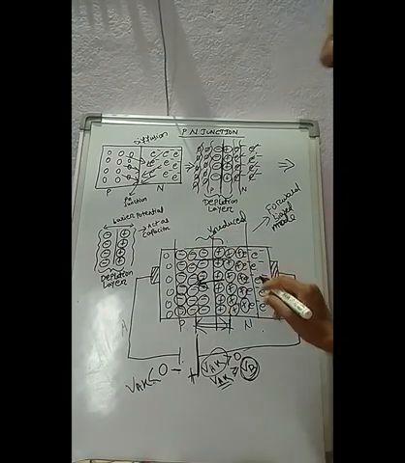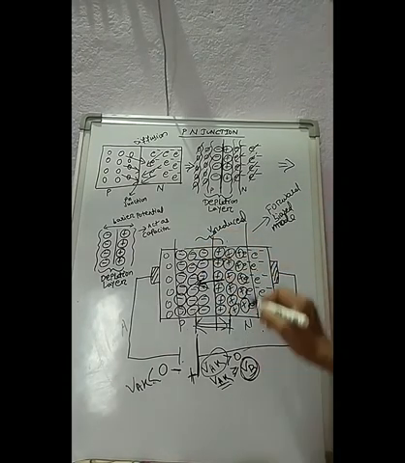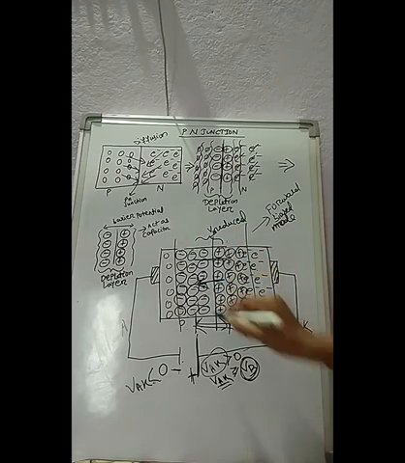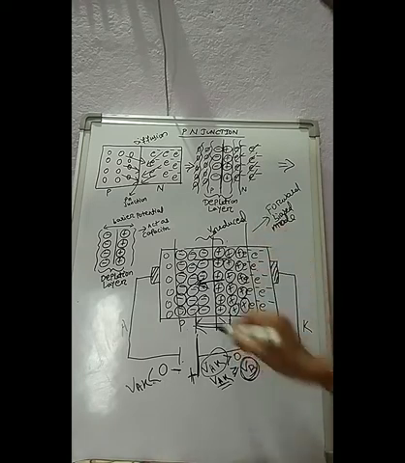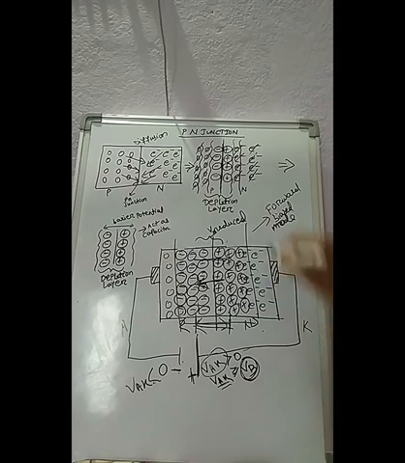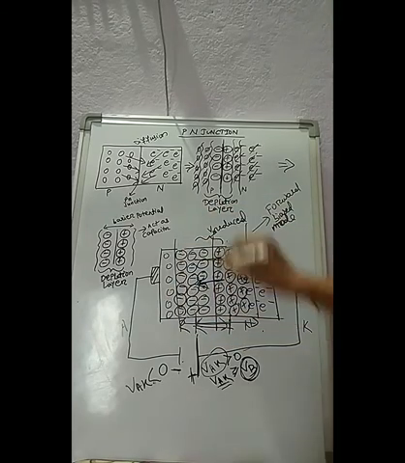Here there are more positive charges, here more negative charges, and when the width of the depletion layer increases, this will act as a virtual P layer. This is the virtual N layer.